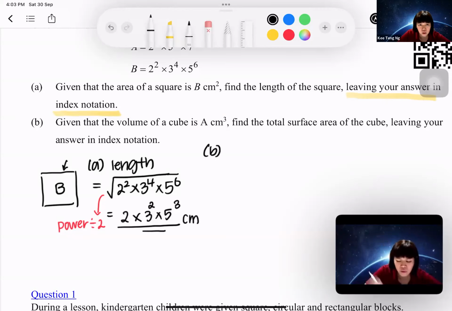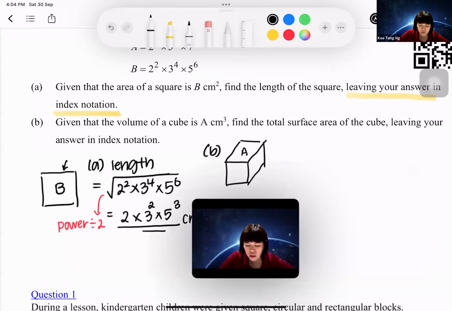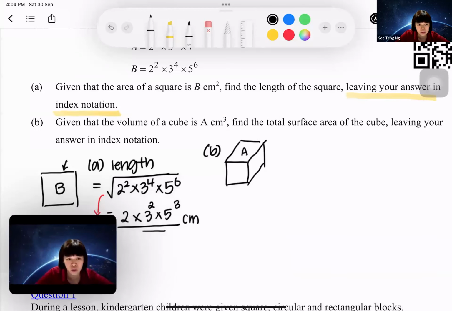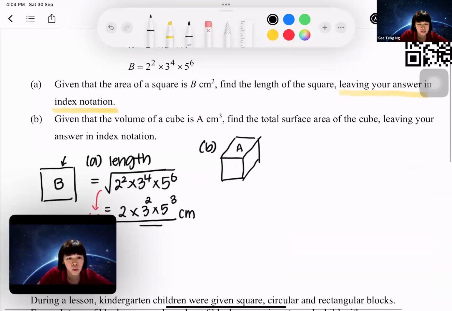Given that the volume of the cube is A, so you have one cuboid and the volume is A. To find the total surface area of the cube itself, we need to know the length of one side. So what am I given?